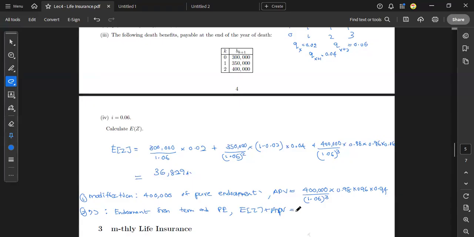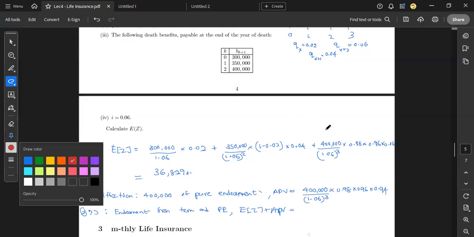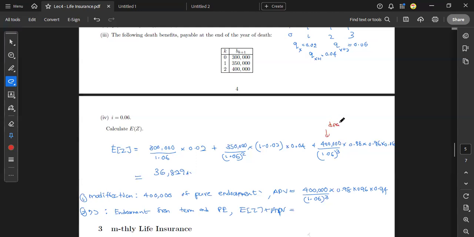So this is the corresponding value for this endowment insurance. And you will see the last two terms, the benefits are the same. This is the death benefit. This is the endowment. And you can see the first three parts are the same, just these two are different.